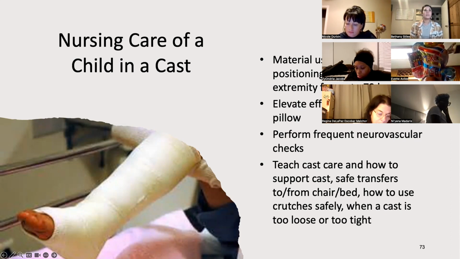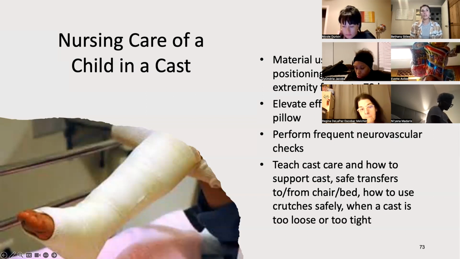No matter what, we're going to keep that extremity elevated on a pillow so that we're decreasing our risk of swelling. We're going to do those neurovascular checks and then teach parents how to care for it, how to transfer and use crutches if they need them, and then how to assess if it's too loose or too tight.